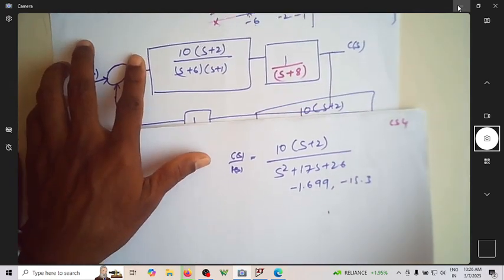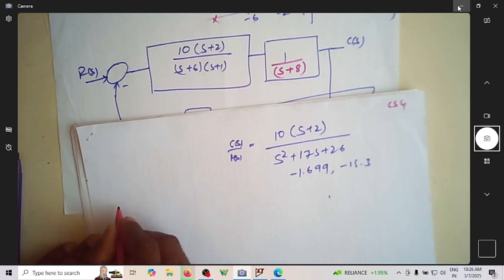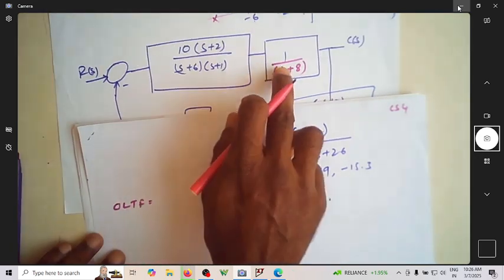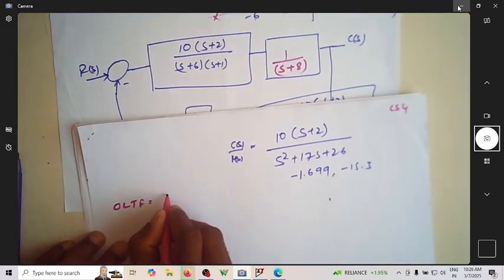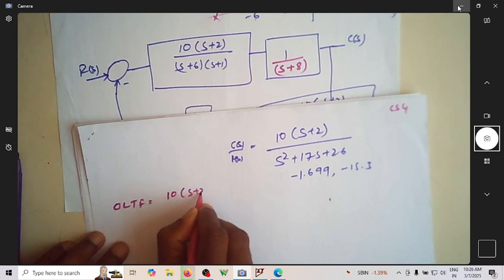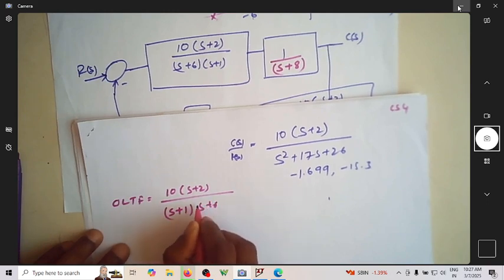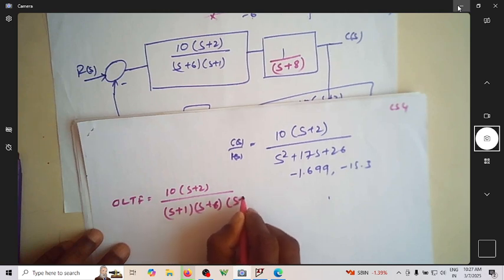What is the transfer function? Let me write the open loop transfer function with the added pole. It is now 10 into s plus 2 divided by s plus 1, s plus 6, s plus 8.